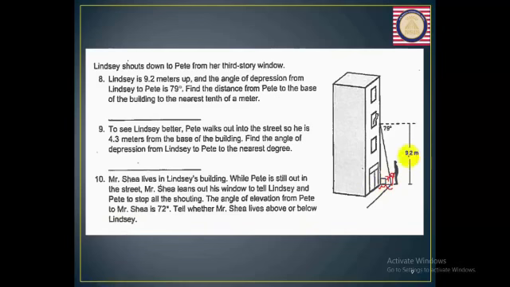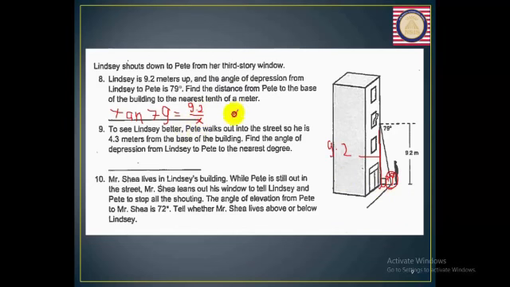We're going to get it by using tan, because I have this line, which equals 9.2, and I have here 79. So tan 79 equals the opposite, which is 9.2, over x, which I want to know.